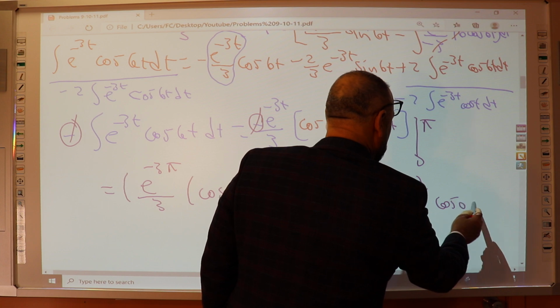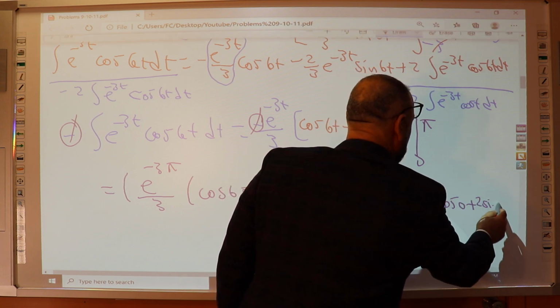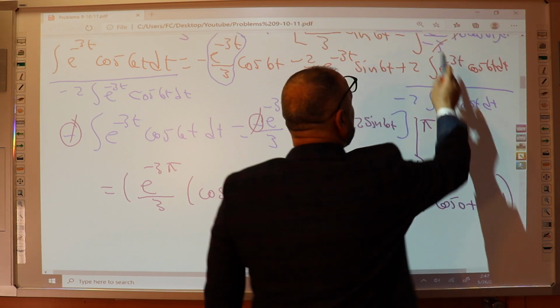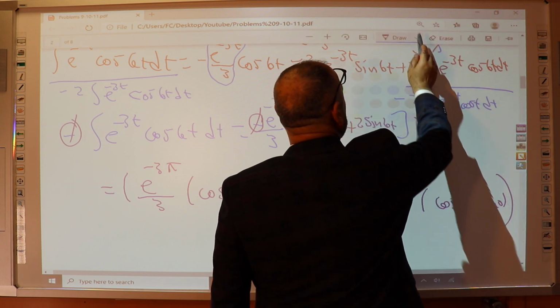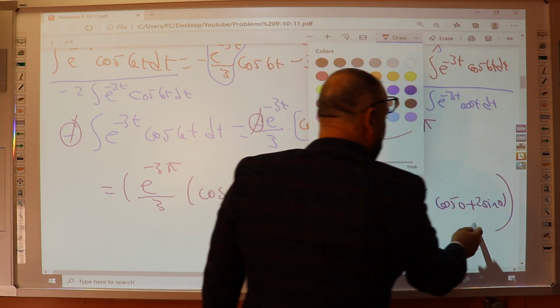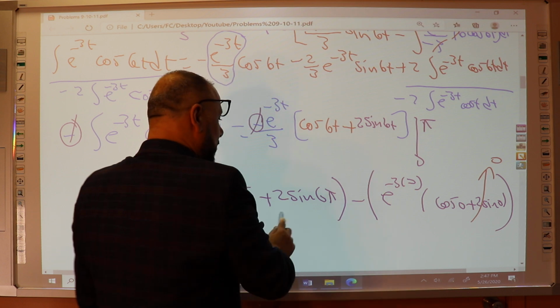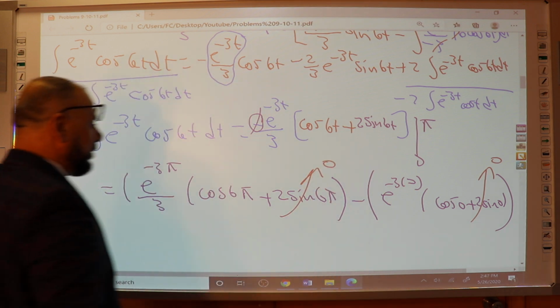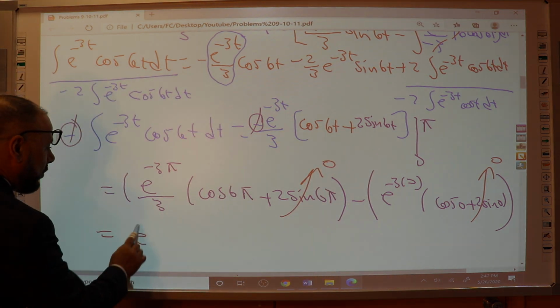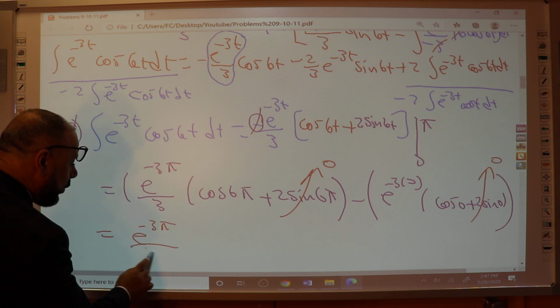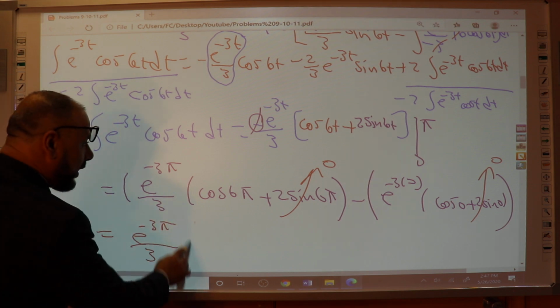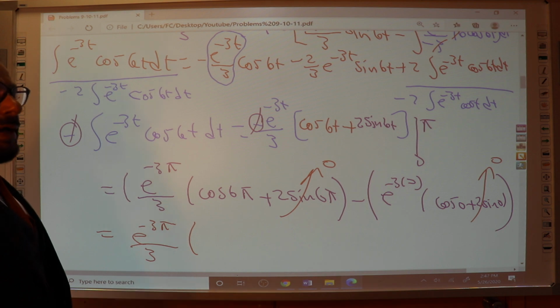Cosine 0 plus 2 sine 0. Lucky us, sine 0 is 0, and this guy is 0. Then we have e to the negative 3 pi over 3. Cosine 6 pi is like cosine 2 pi.